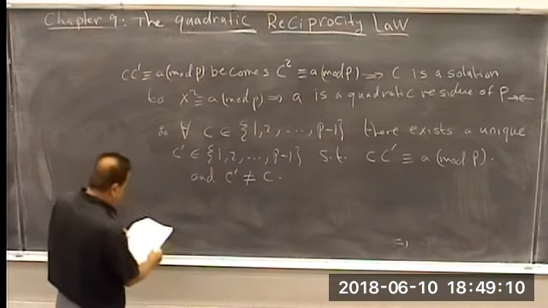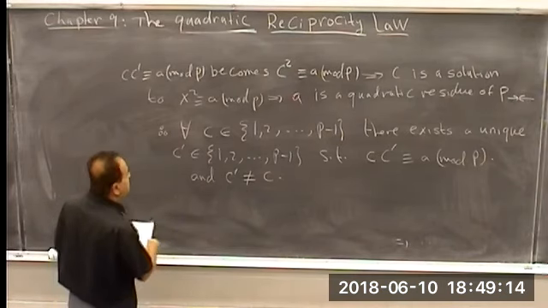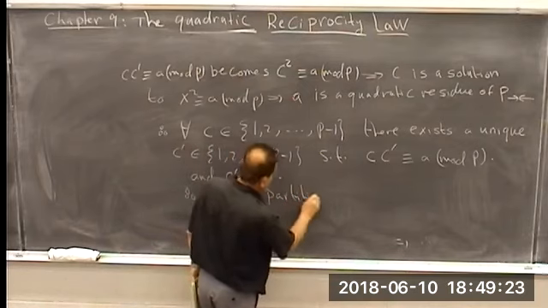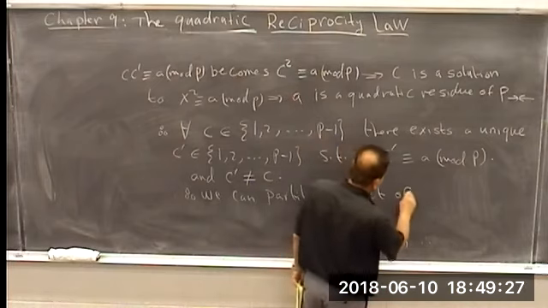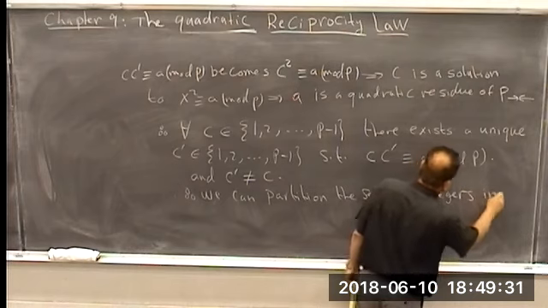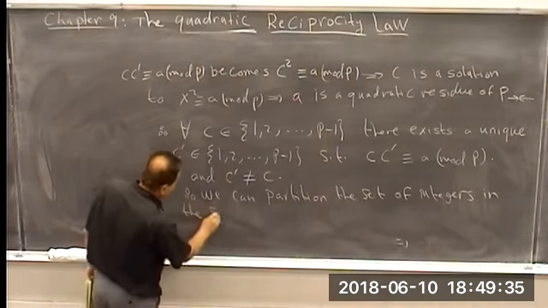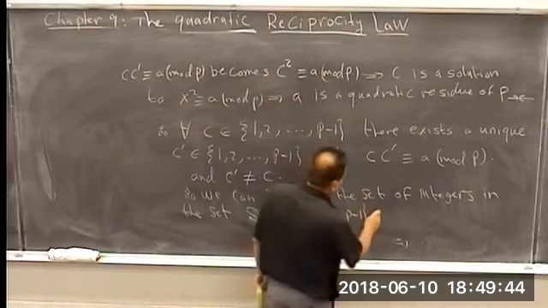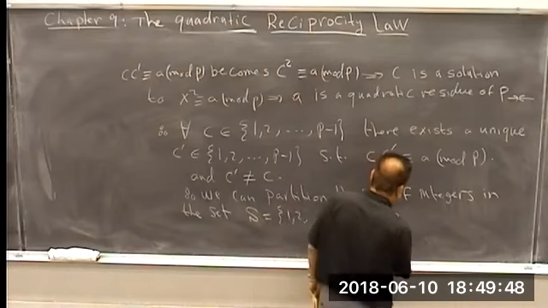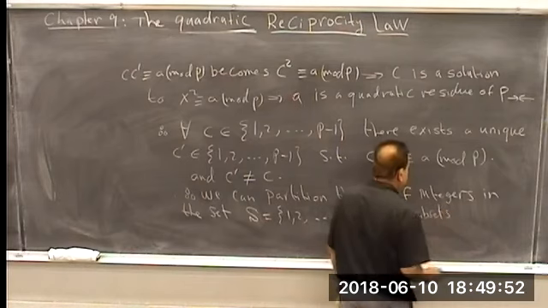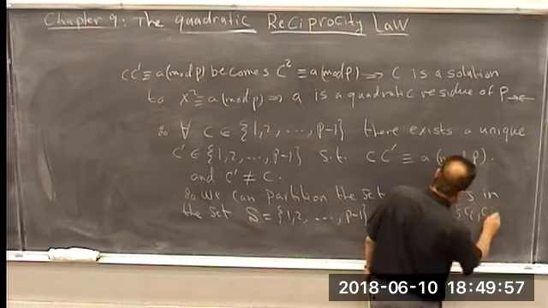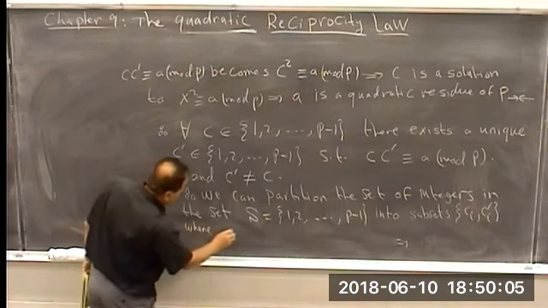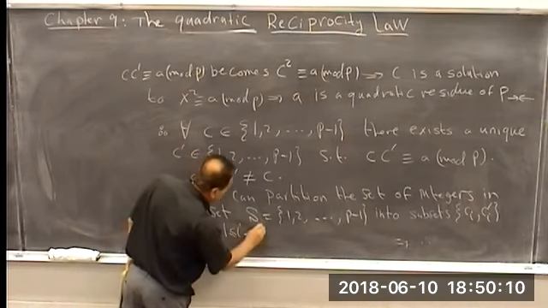So this means that we can partition the set of integers in this set, we call it S, which is 1, 2, up to P minus 1, into subsets which are C_i, C_i prime, where i ranges between 1 and P minus 1 over 2.